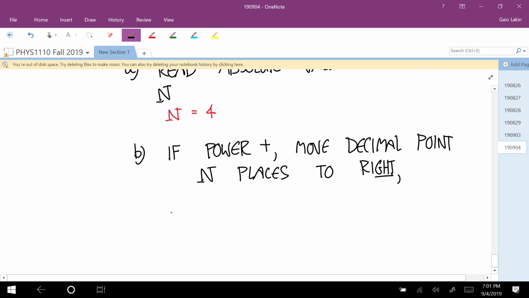And if the power is negative, move the decimal point n places to the left.